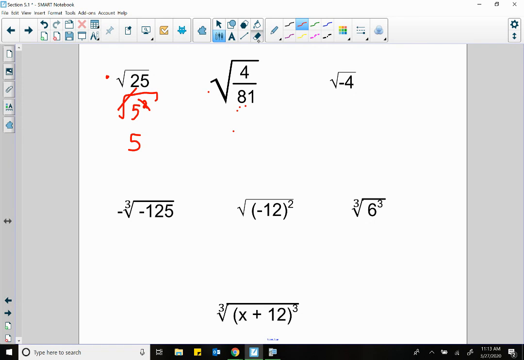So the answer to the square root of 25 is 5, because this is a perfect square of 5 squared, and the root is canceling out the power because they are the same. Okay? So whenever the root is the same as the power, they cancel each other out.